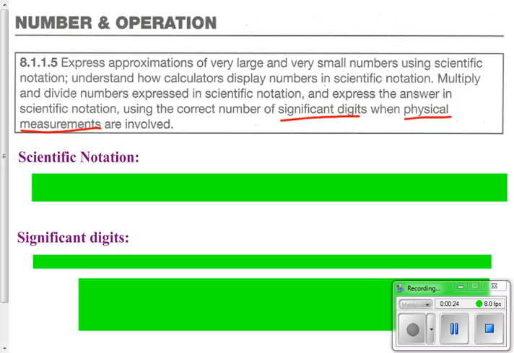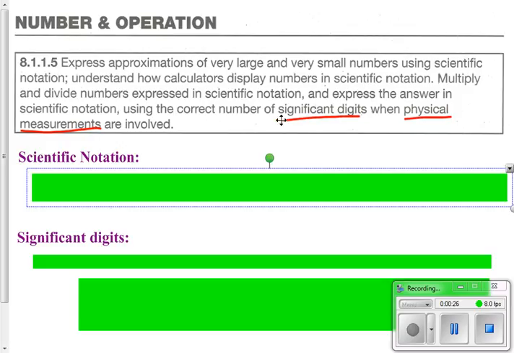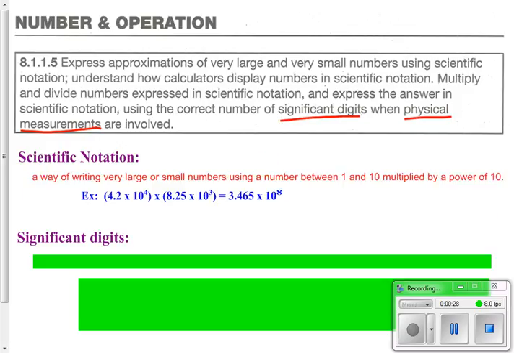So here we go. Scientific notation, in a nutshell, is basically a way of writing very large and small numbers using a number between 1 and 10 multiplied by a power of 10. Here's an example where I multiply two things that are in scientific notation. Both those terms are in scientific notation. When you multiply terms in scientific notation, you multiply the numbers.